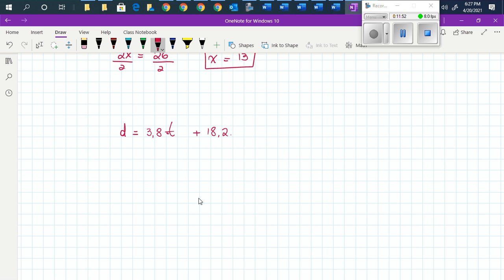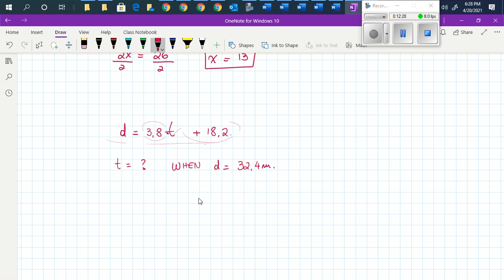And in this case, what we are looking for is the value of t, or at what time the object obtains a displacement of 32.4 meters. Now on this equation, 3.8 is the slope, 18.2 is the y-intercept, t is on the horizontal, d is on the vertical.